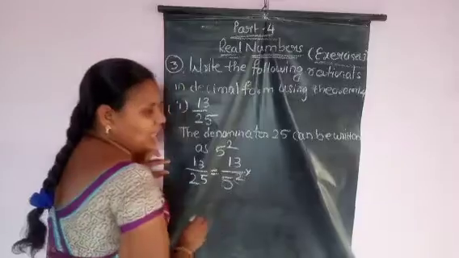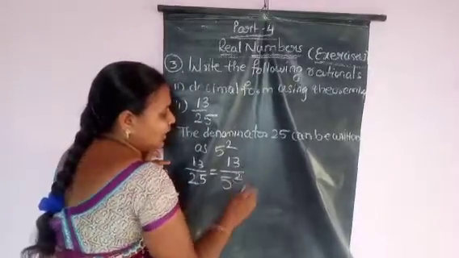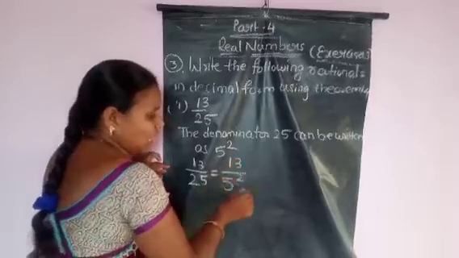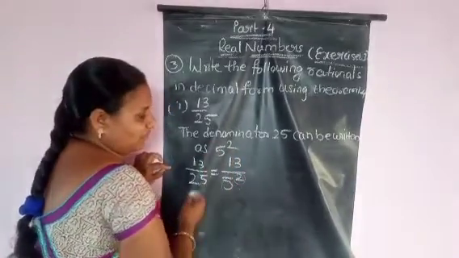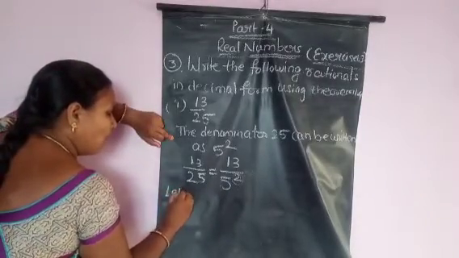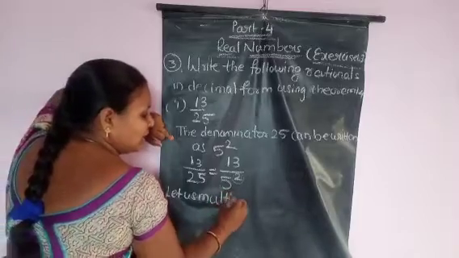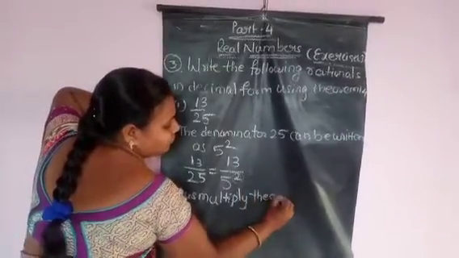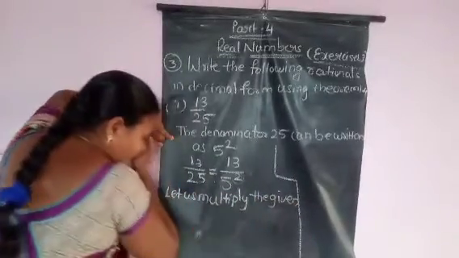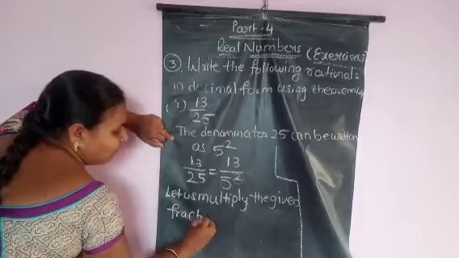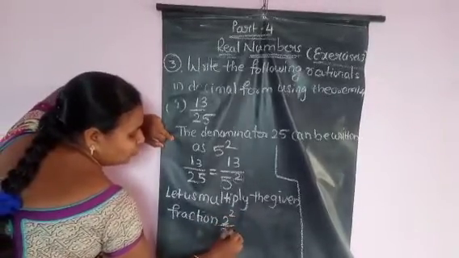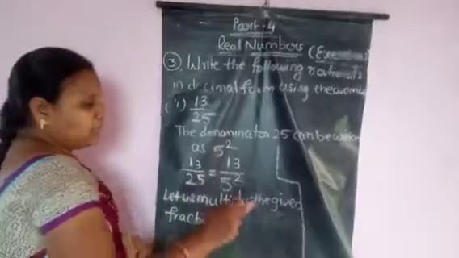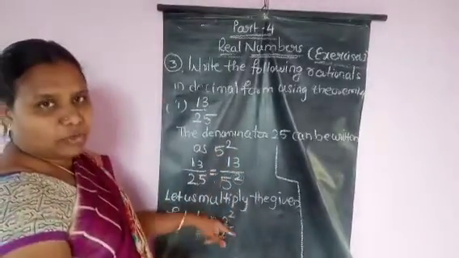Here we have 5 to the power of 2, so let us multiply the given fraction, numerator and denominator, by 2 to the power of 2.